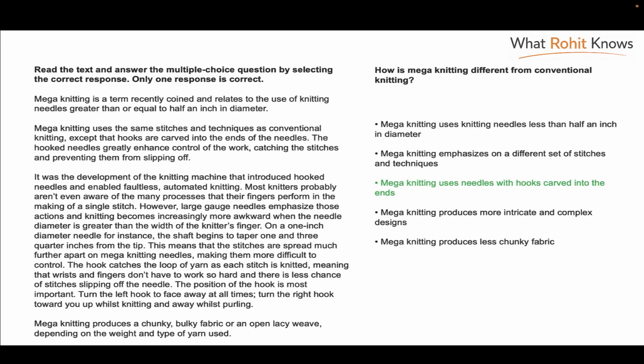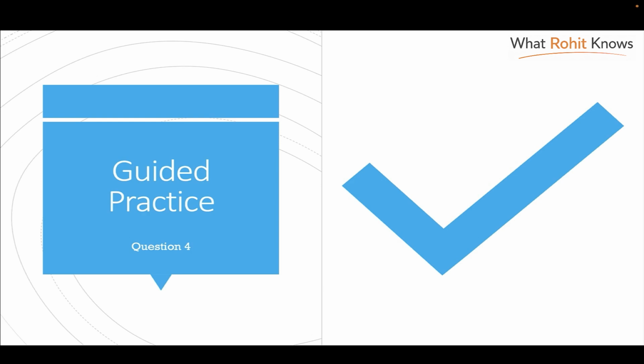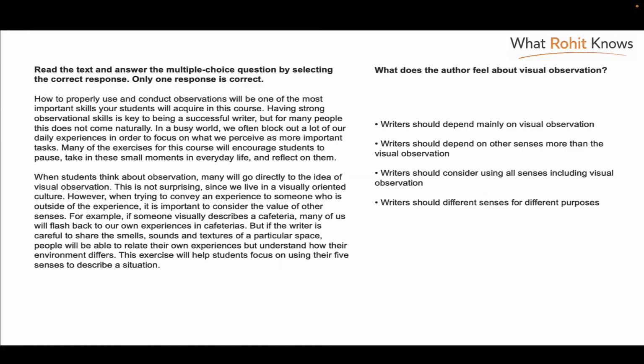So many students will think, yeah, this statement is correct, and they just select it. But you need to understand the overall context of the question and limit your answers based upon that. So here, whatever you select has to be a comparison with conventional knitting. Keep that in mind as we go to the next question now. Question number 4.